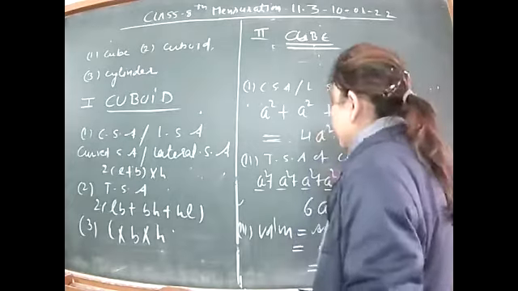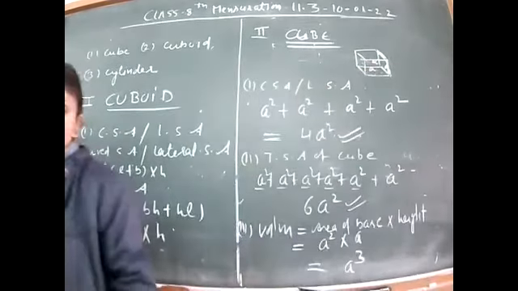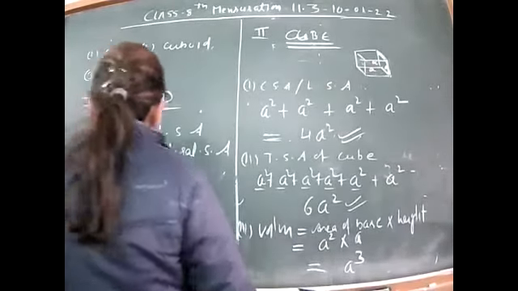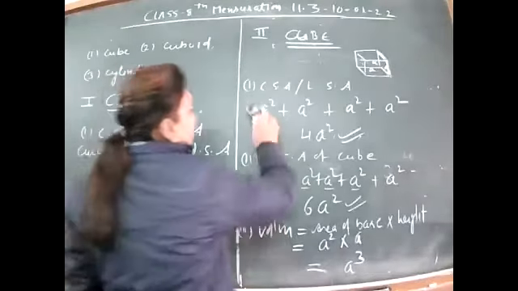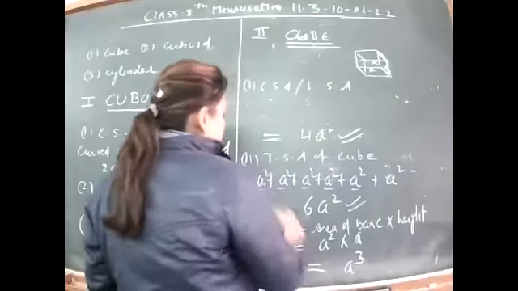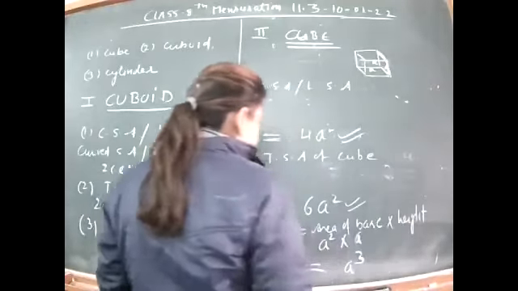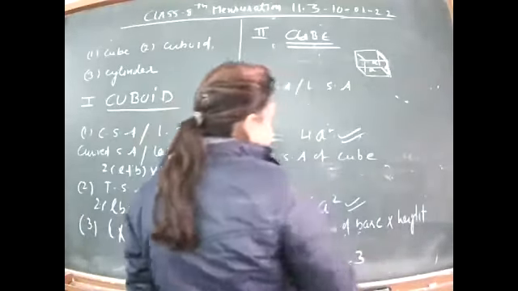A cube. So in a nutshell, you have to remember the three formulas as you have learned in case of cuboid: the curved surface area is 4a square, total surface area is 6a square, and volume is a cube.